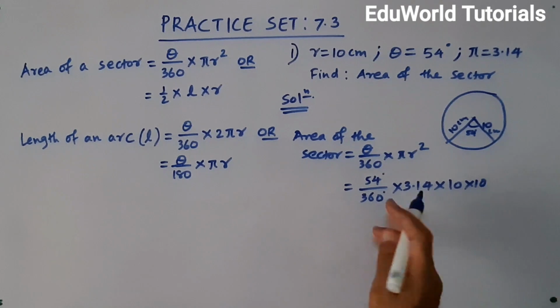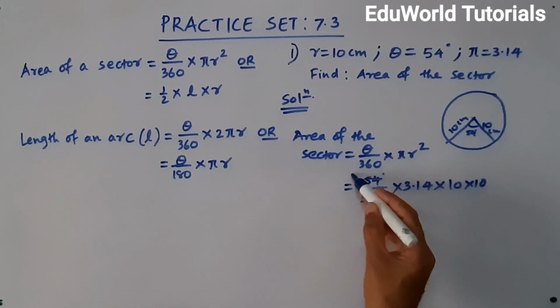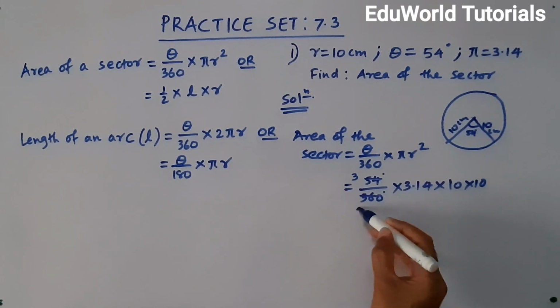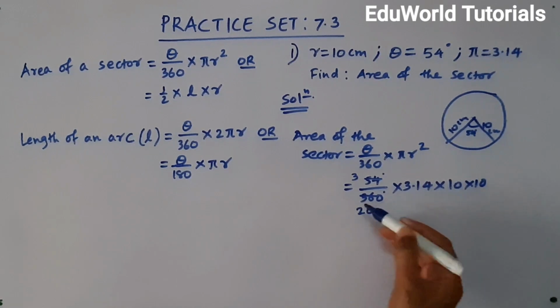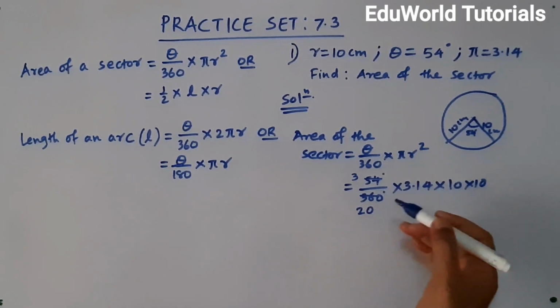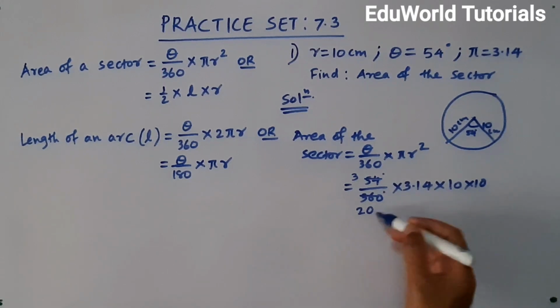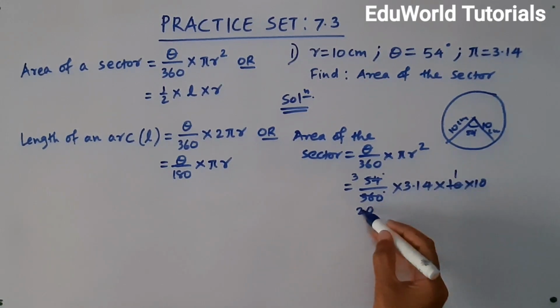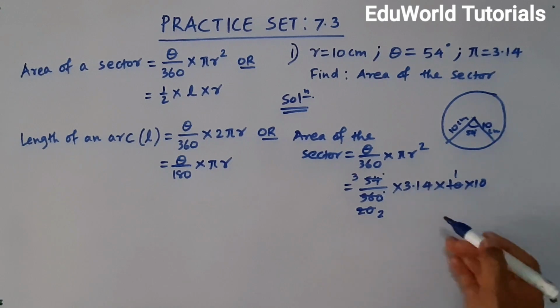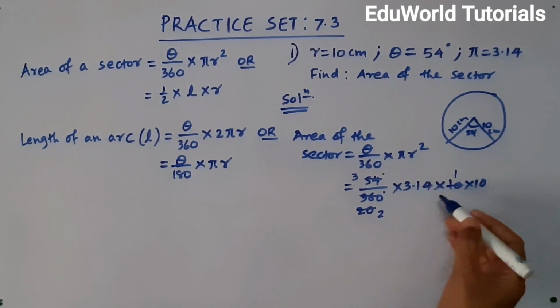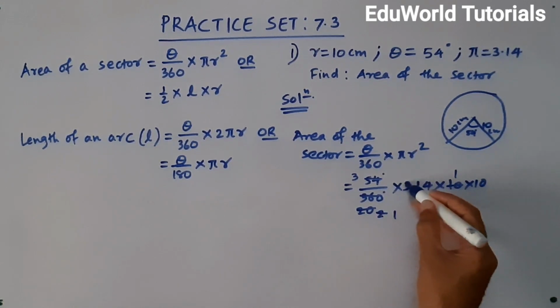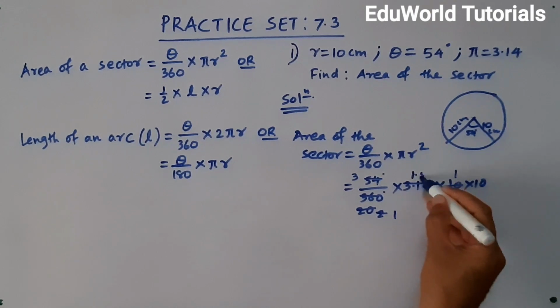Recall the table of 18. 18 3s are 54, 18 20s are 360. Then we can cut the zeros, and we can further cut this 2 with 3.14, which gives 1.57.